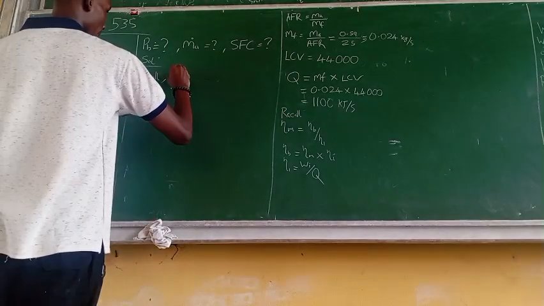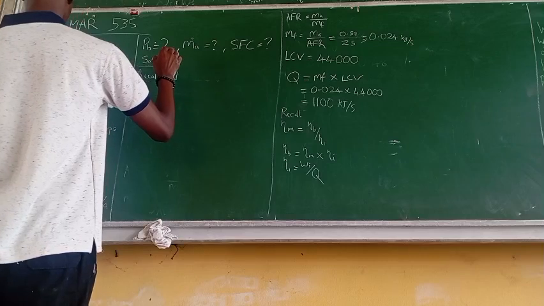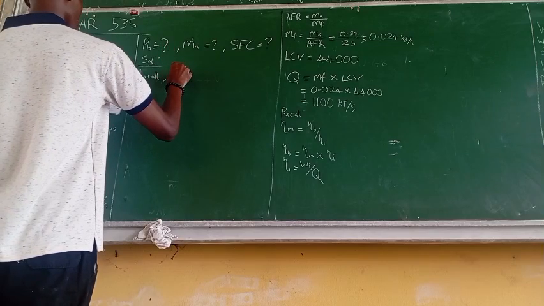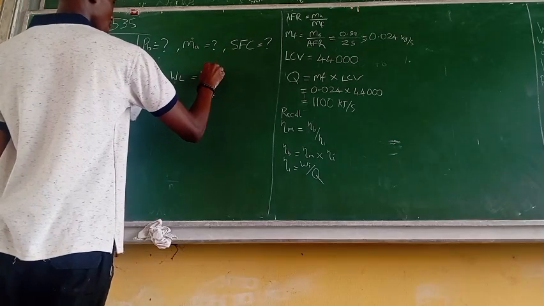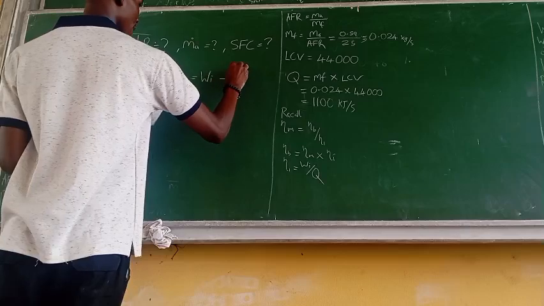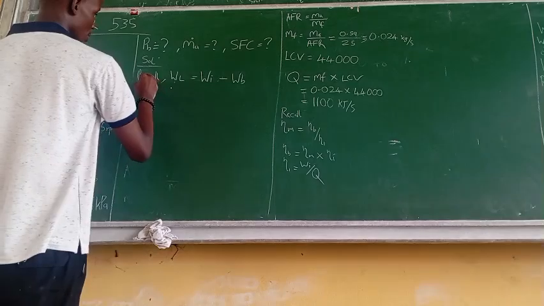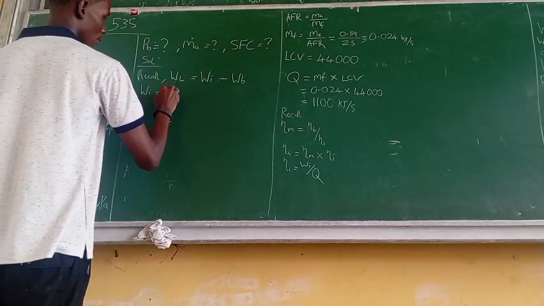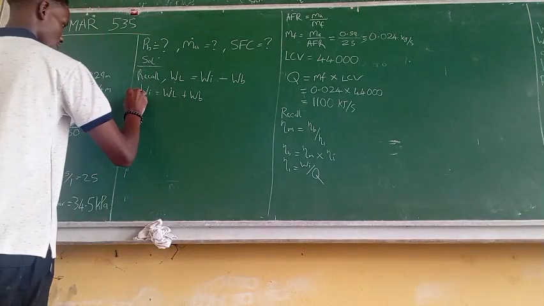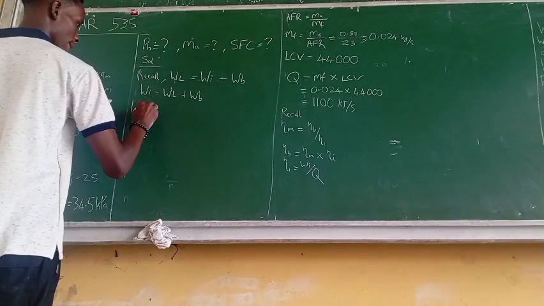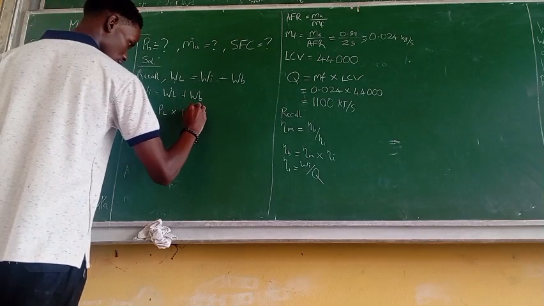Recall that working loss is equal to indicated power minus your brake power, making your indicated power the working loss plus the brake power. Now you can say WL is equal to PL times gamma.